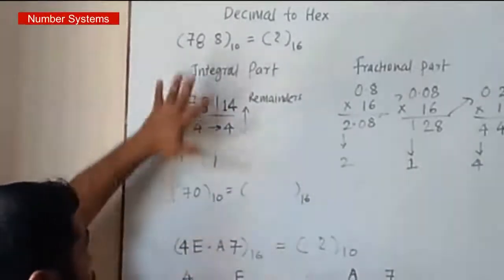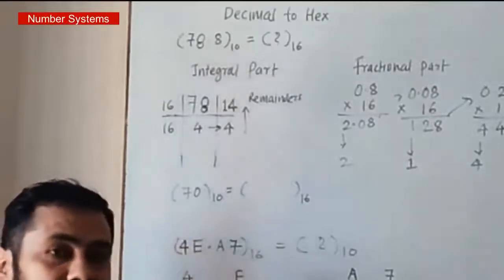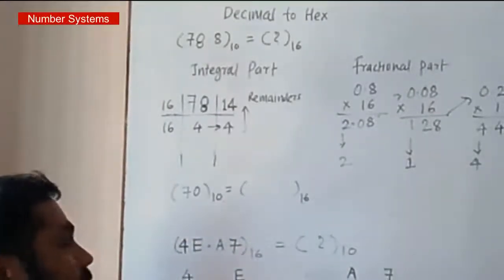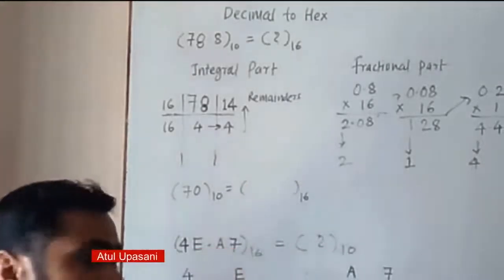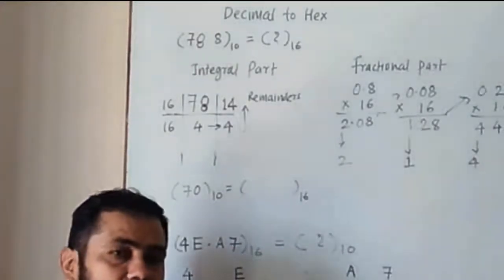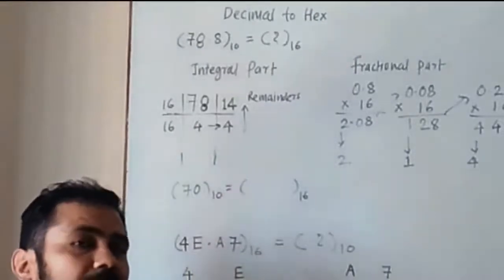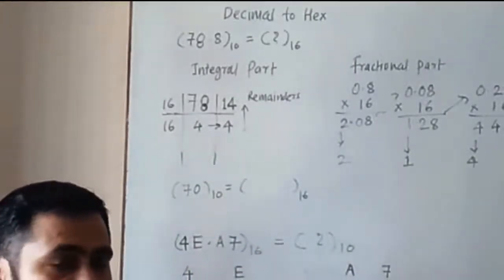Now, to represent numbers in the hexadecimal number system, the hexadecimal and decimal number systems are the same from the digits 0 to 9, which are represented as they are.